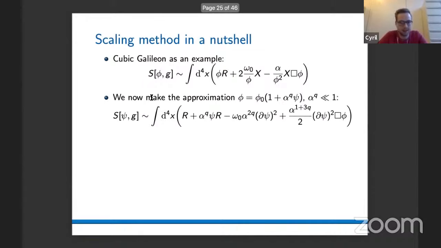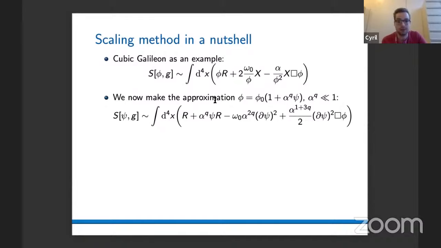As I said, the idea is to approximate the scalar field as being close to its background value phi 0 and add a small contribution. And here we assume this alpha to the power of q to be smaller than 1, to be very small. And for now, q we keep arbitrary. So you get a solution for the action like this. And here you see that you recover general relativity and extra terms that depend on the scalar field.